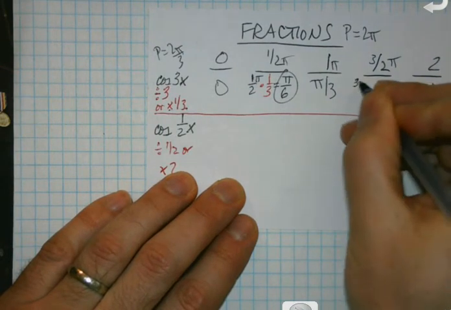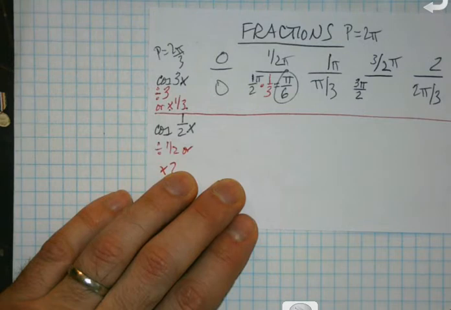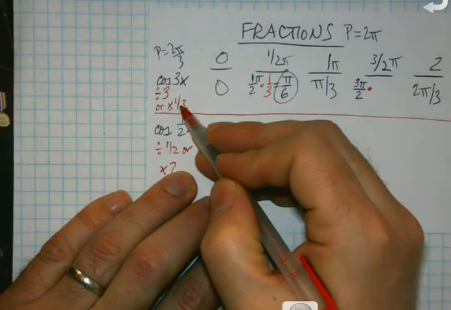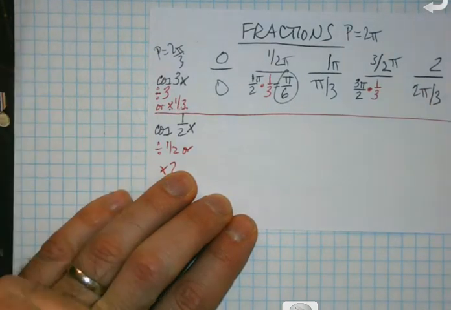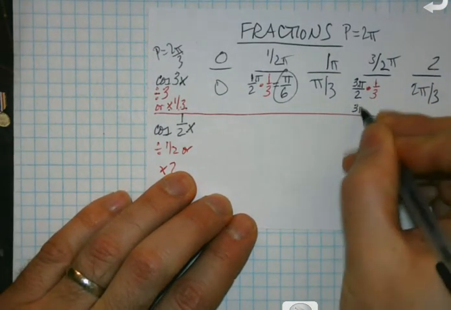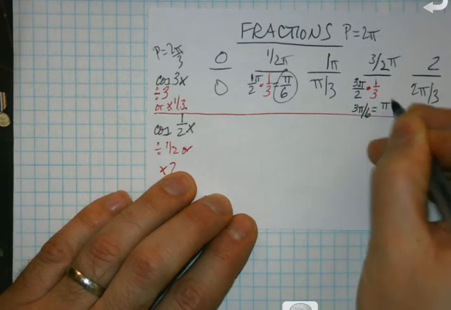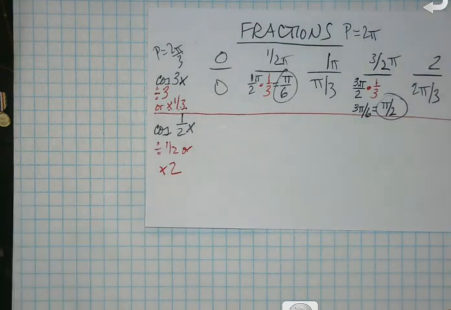It's 3 pi over 2 normally, but I'm just dividing, or in this case multiplying, by the 1/3. Now this one, there's a little extra bit, because when I multiply across, I can reduce the fraction because 3 over 6 is 1/2.